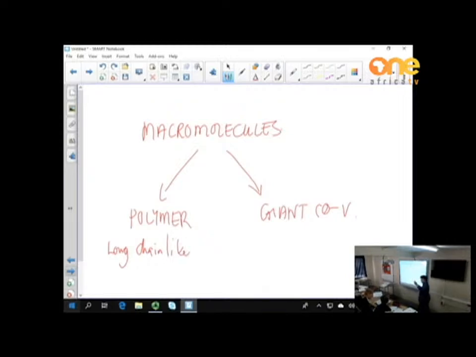Your hair is a polymer, long chain-like molecules. Keratin is a polymer. The cellulose fiber in wood has a grain. When you break a branch of a tree, it pulls off a thread. It's cellulose molecules. They are polymers, long chain-like molecules.